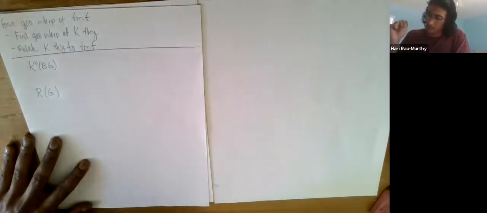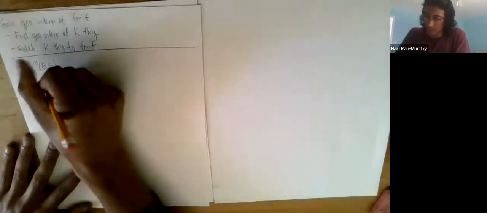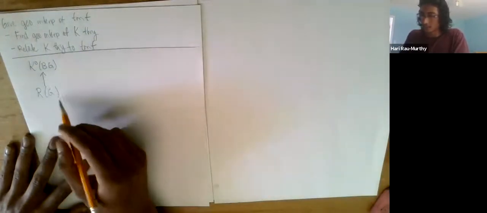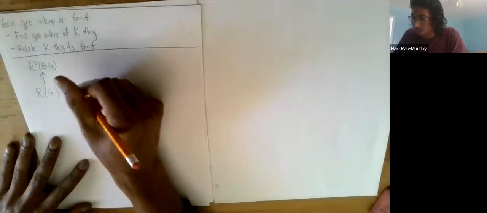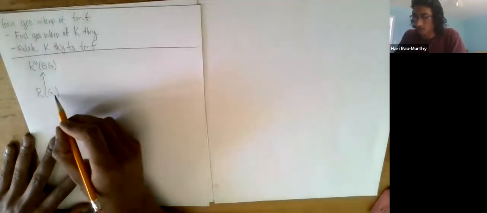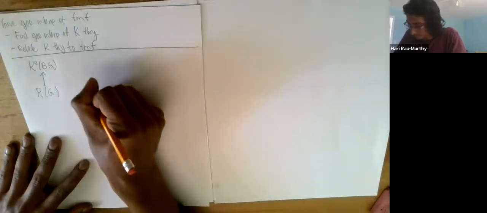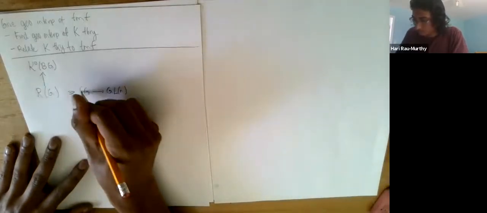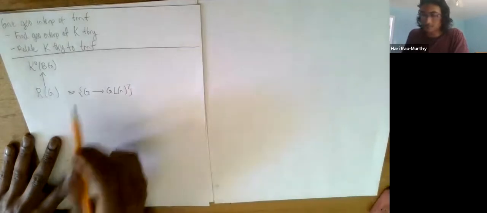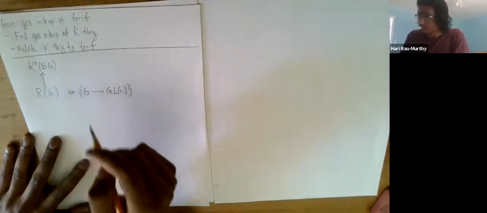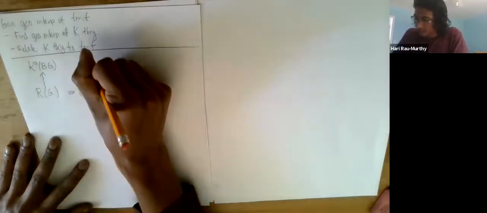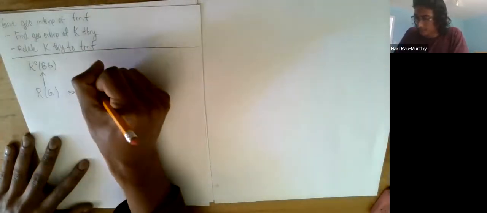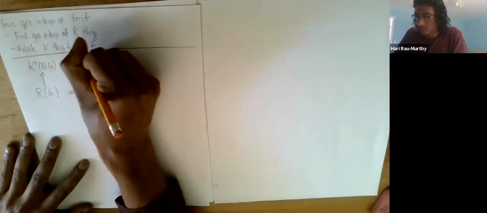This is the representation ring of G. And there's a map from here to here, from the group completion of all the representations of G. That's a representation, and you can get a K-theory class by taking B's of both sides.